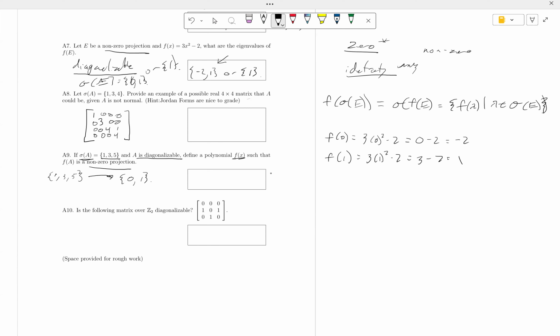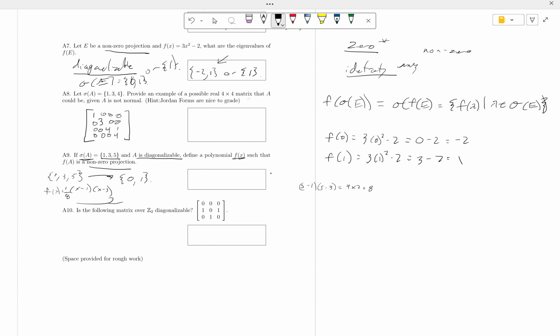Now, you could come up with your own polynomial and try to figure it out. You could think, okay, I'm going to make x minus 1 and x minus 3. f of x equals this, so that both 1 and 3 go to 0. And now I need to find some constant that makes it so that when I plug in 5, I get 1. So 5 minus 1 times 5 minus 3 equals 4 times 2 equals 8. So I'm going to put a factor of 1/8 out front.